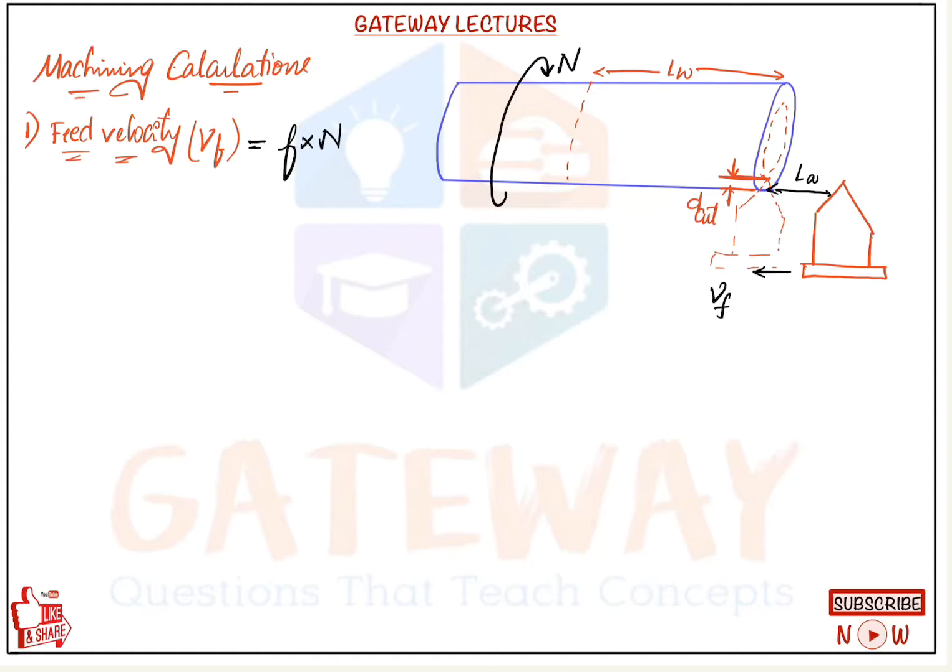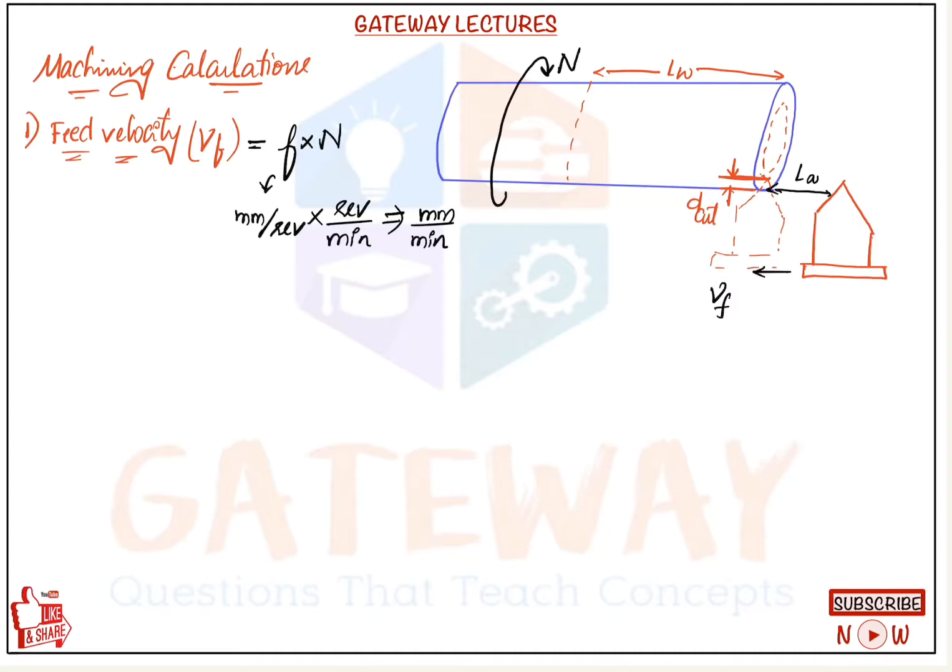Suppose you are making one revolution, then how much distance the tool should travel longitudinally, that is nothing but feed. So it is in mm, how much distance the tool has to travel longitudinally per one revolution, into N, which is revolutions per minute. Then the final unit will be mm per minute. That is the feed velocity, Vf.